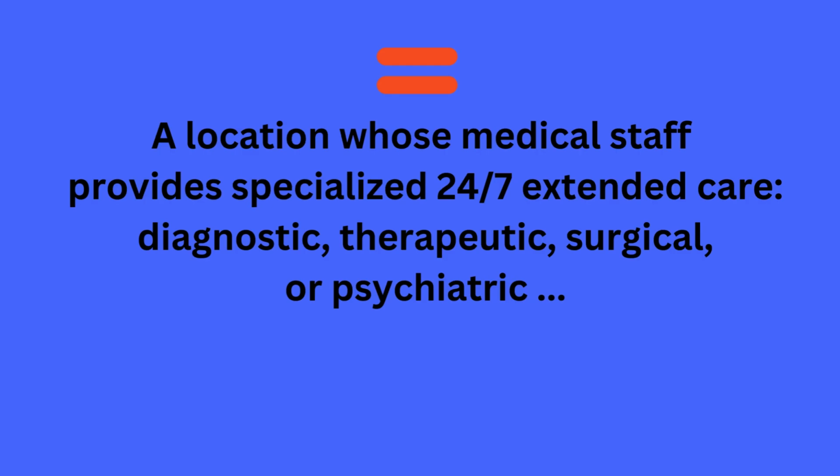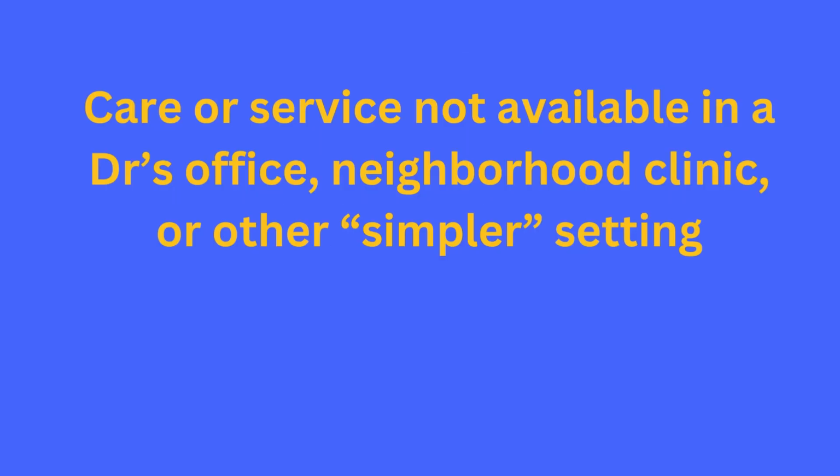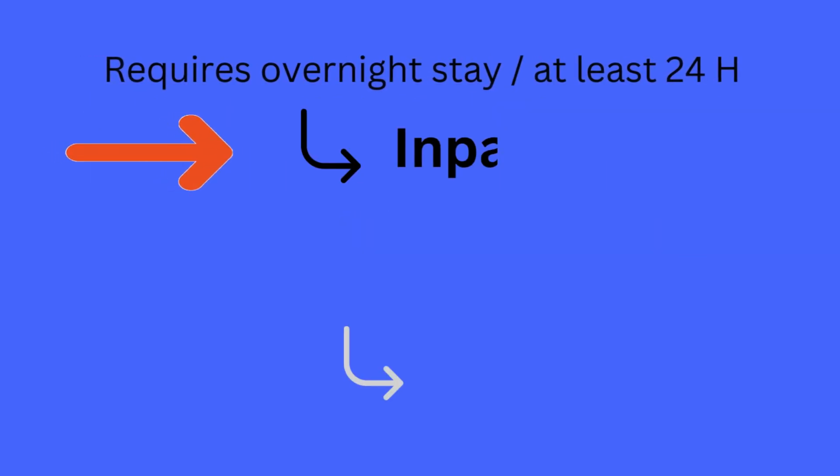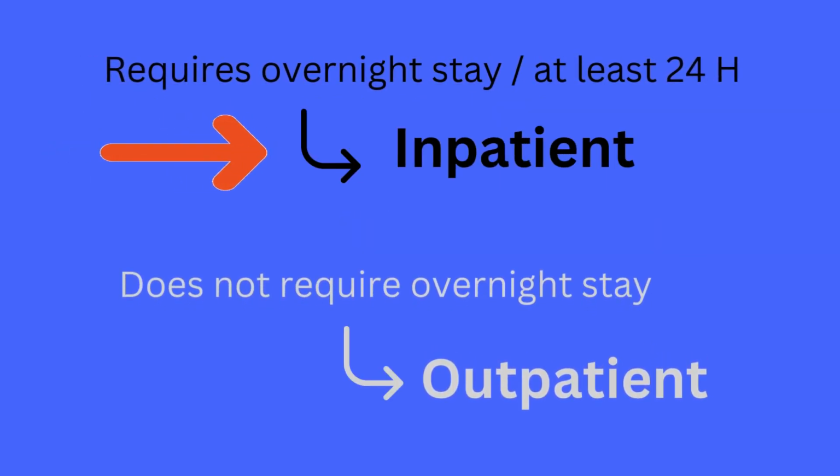The facility is a location where medical staff is specialized or offered 24/7. This is the kind of care or service that your doctor's office, a neighborhood clinic cannot offer. If your care requires you to stay overnight at least 24 hours, you are then considered inpatient.